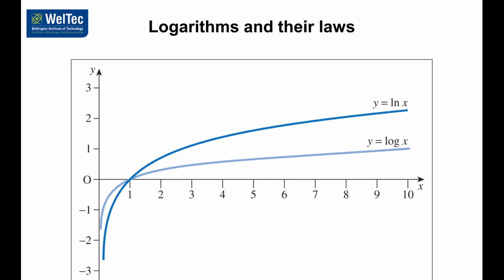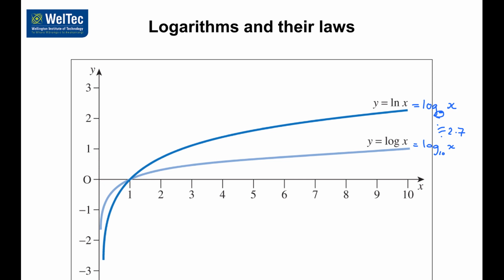On this graph, at the top, we've got y equals log to the base e of x, and y equals log to the base 10 of x. Have a look at that. The smaller the base, the higher the curve. E, remember, is approximately equal to 2.7ish, so it's smaller than 10, so it's a higher curve.